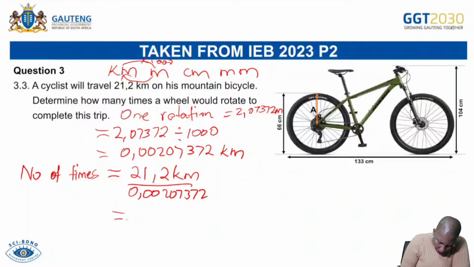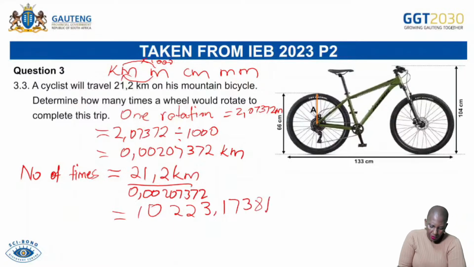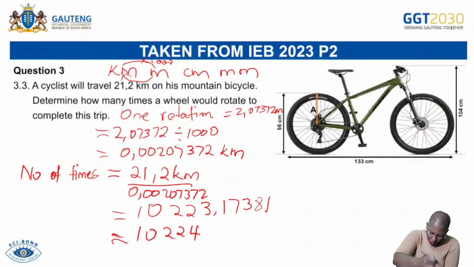Our answer will be 10,223,17381 times. That's the number of times, and when I round it off, it will be 10,224, because there is no way I can say it will cut. It will have 10,224 times.